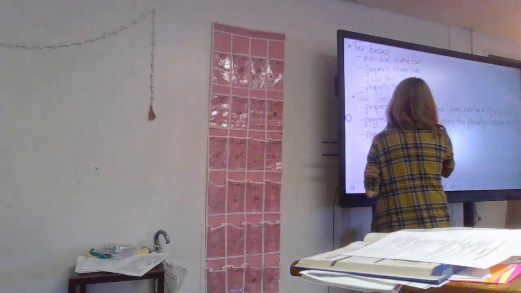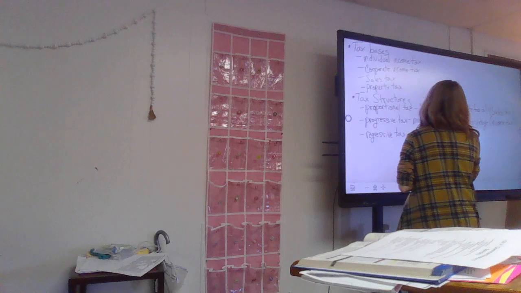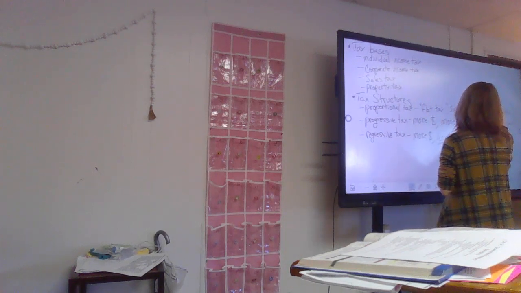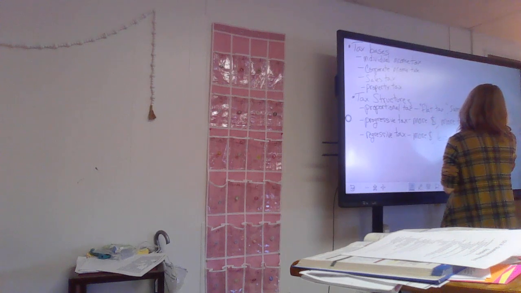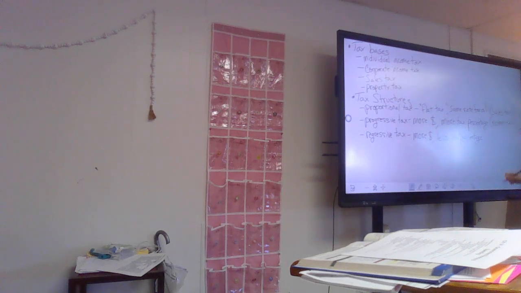So in simple terms, more money, less tax percentage. And this is when you think of sales tax on basic items, but if you think of it in the terms of rich people versus poor people.